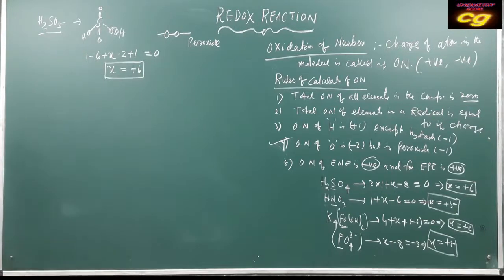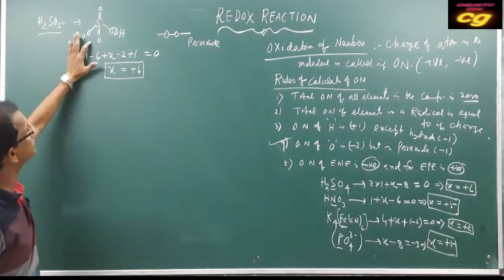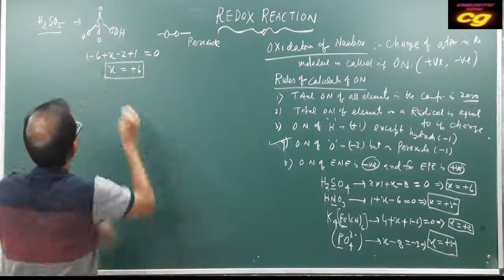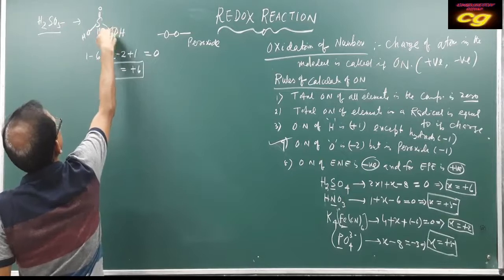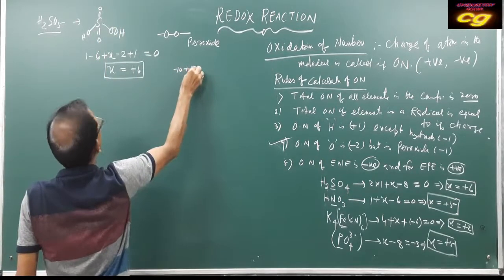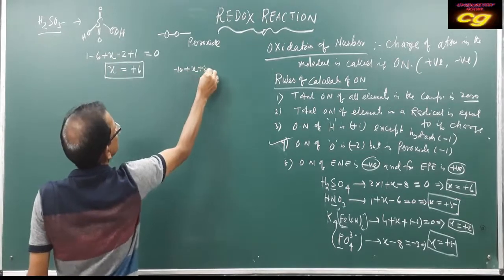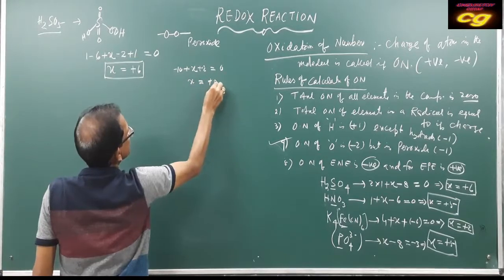So this is the actual calculation. If you do it without the structure, what is the oxidation number? With 5 oxygens, that is minus 10, sulfur X, 2 hydrogens, plus 2, equal to 0, X is equal to plus 8.